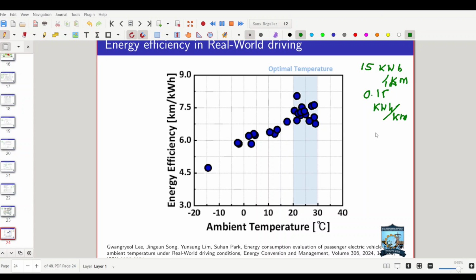And if we reverse that, it will be 1 by 0.15 kilometer per kilowatt hour. So that's around, we'll check that, 6.6 kilometer per unit.